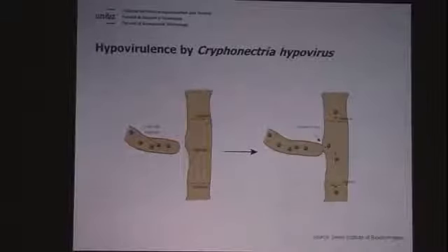It's also Cryphonectria parasitica, but I introduce the virus in the lab, and then I go to your tree and place my strain next to the disease-causing strain. It will come together and transfer these virus particles to the disease-causing fungus, and its ability to cause disease will be decreased.